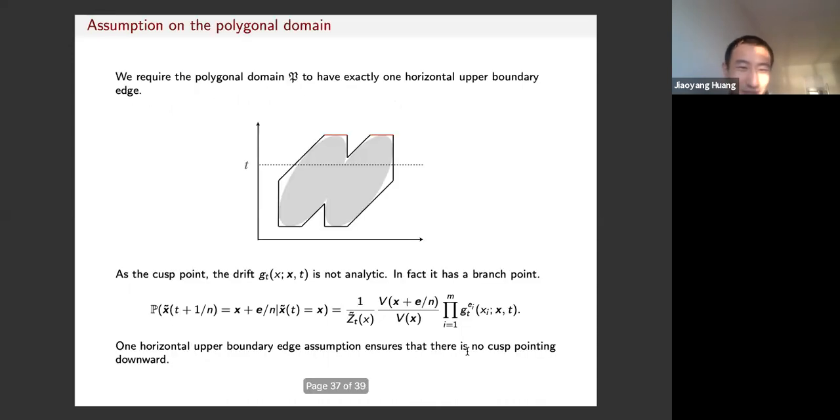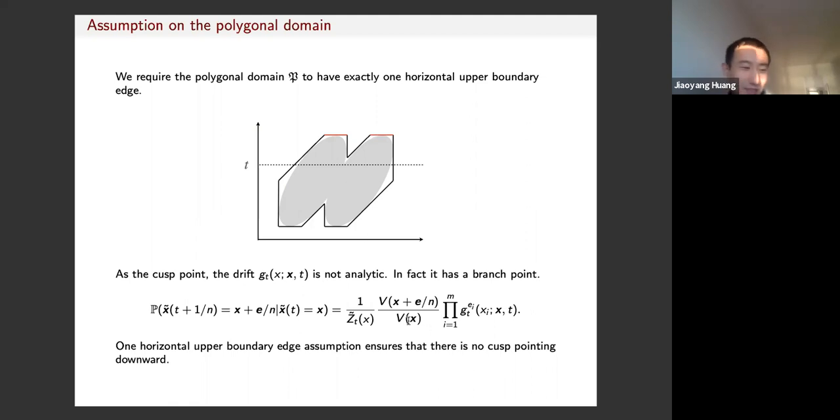So maybe let me just quickly wrap up. Just explain why we need to assume it only has one upper boundary edge. It's because if there are two upper boundary edges like this, the liquid region is in a shape something like this. As you can see, something happens at this point at this time t. It turns out at this time t, the drift term is not analytic. It has a branch point at this point.